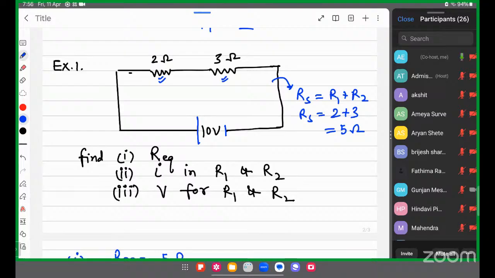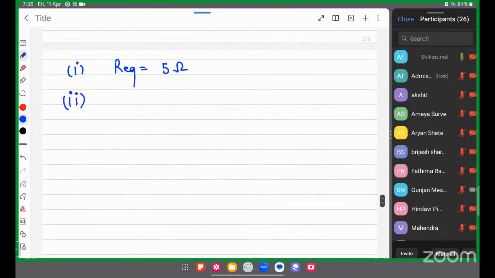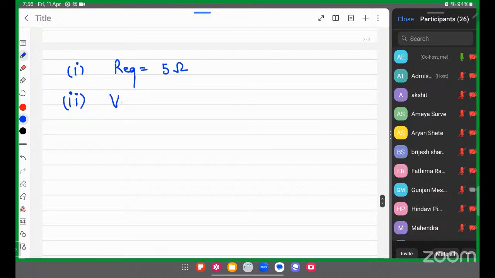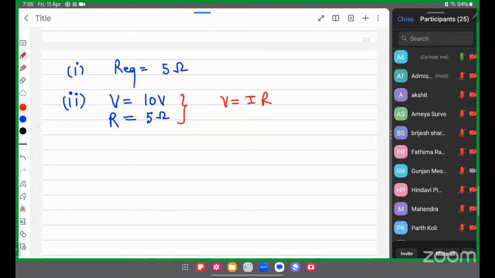So what we will do is find the current for the overall circuit. In that case, we have overall voltage 10 and overall resistance or net resistance, that is 5 ohm. And we can simply apply V equals IR. V equals IR will give us the value of current. This is 10, this is I, and this is 5.